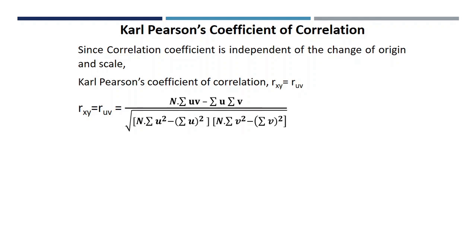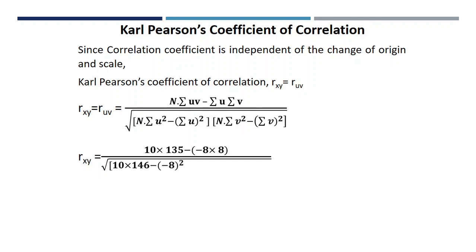By substituting the values, we get Rxy is equal to 10 into 135 minus 8 into 8, divided by square root of (10 into 146 minus 8 square) into (10 into 182 minus 8 square). So by calculating this, we get the value as 0.9031. Here the correlation is positive and almost near to 1, which means there is a strong positive correlation. There is a strong positive relationship between the variables.